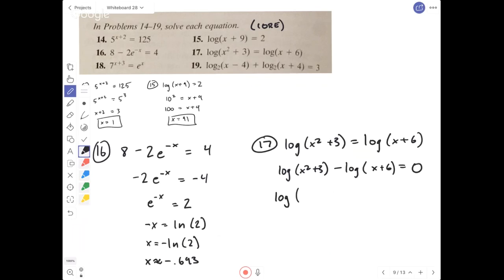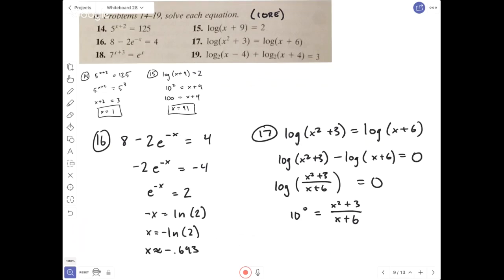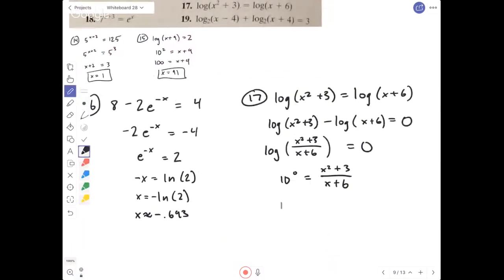So log of x squared plus 3 over x plus 6 equals 0, which means that 10 to the 0 equals x squared plus 3 over x plus 6, which means that 1 equals x squared plus 3 over x plus 6, which means x plus 6 equals x squared plus 3.